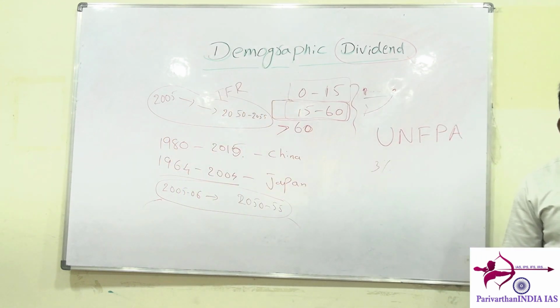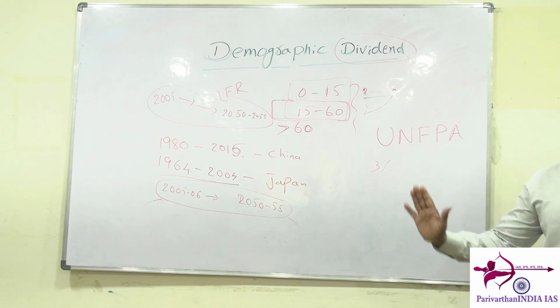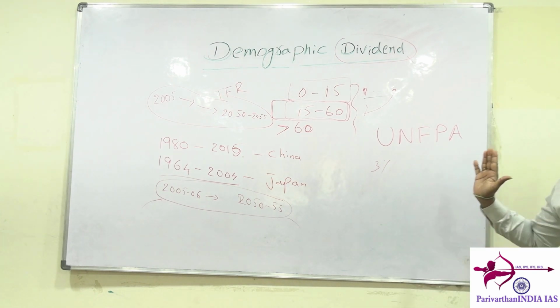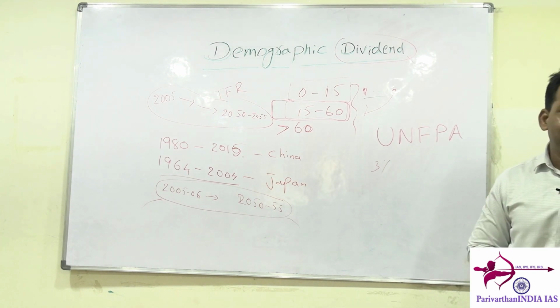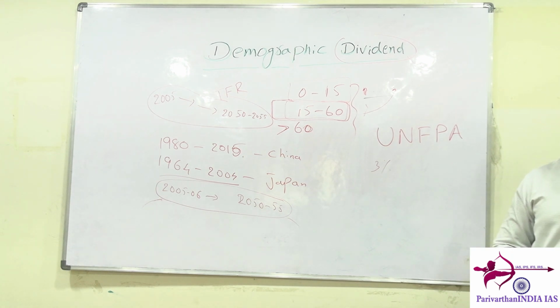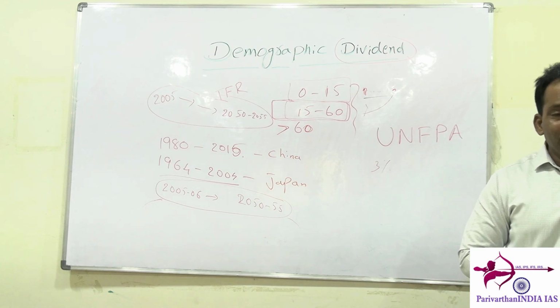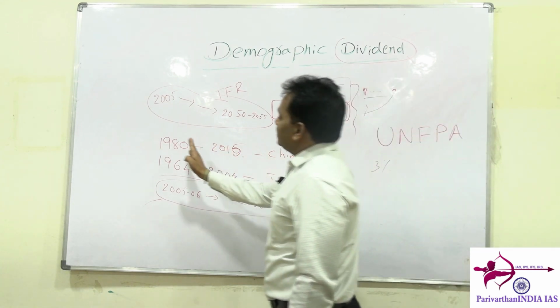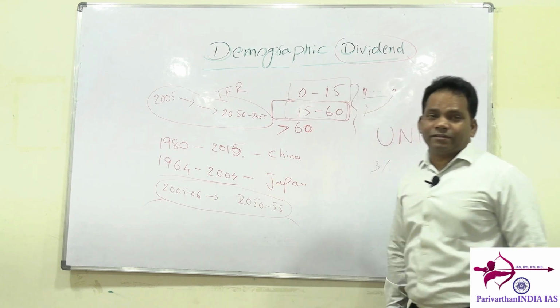So China started its economic reforms in 1979, coinciding with its entry into the demographic dividend phase. In 1979, China initiated economic reforms. Okay? Simultaneously, it entered the demographic dividend phase.